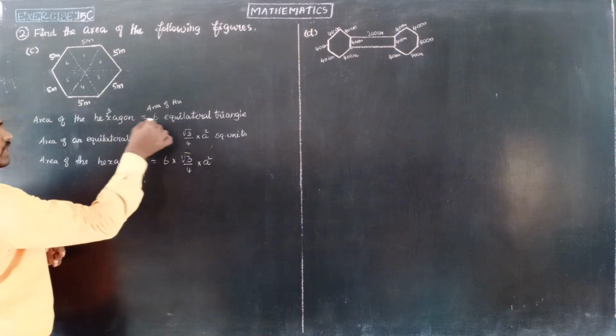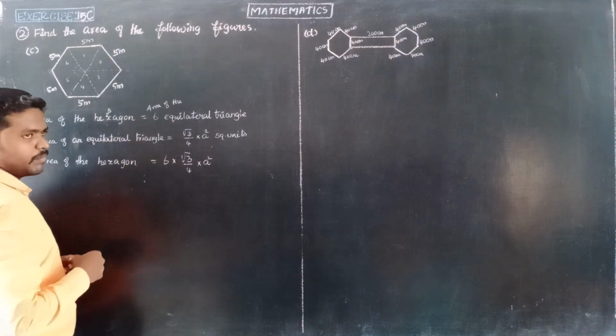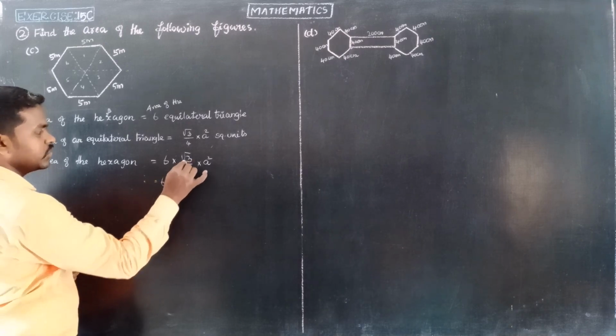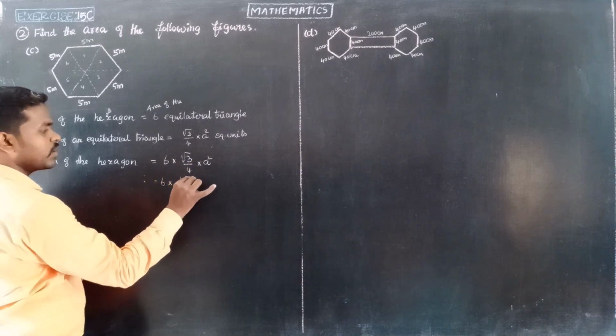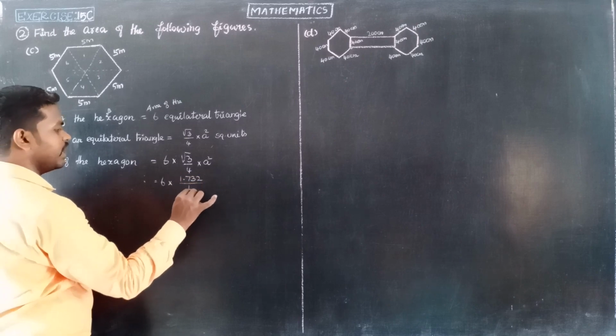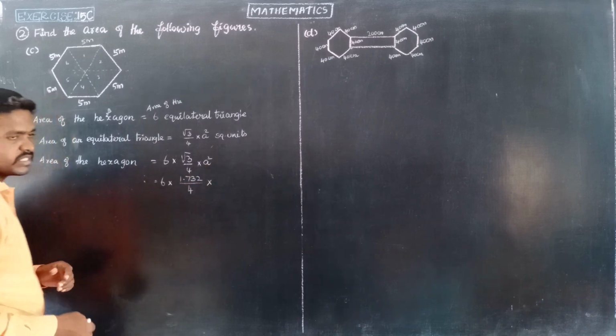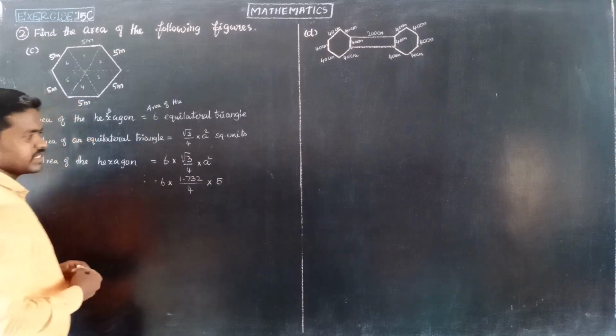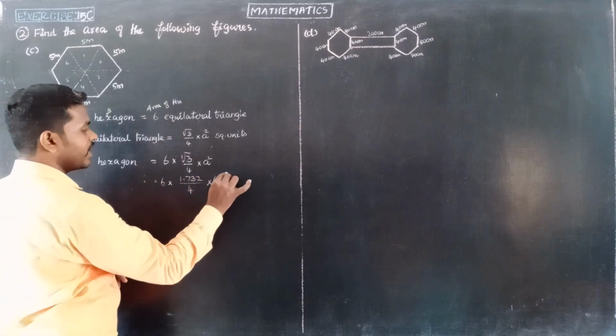So we apply the formula here. 6 into root 3 by 4 a square. So 6 into the value of root 3, 1.732, divided by 4, into the side of the equilateral triangle, which is 5 meters. So 5 squared.